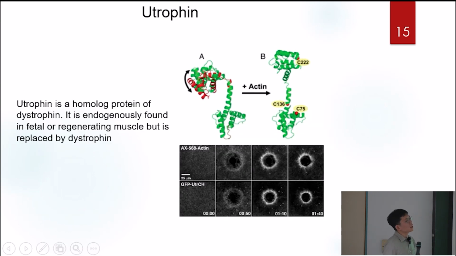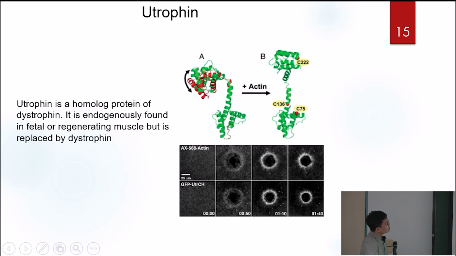Similarly, utrophin is another way. Utrophin is the homologue of dystrophin. Endogenously, it's found in fetal or regenerating muscle, and after that, utrophin is replaced by dystrophin. So you can use utrophin fused with a fluorescent protein to see the actin dynamics.